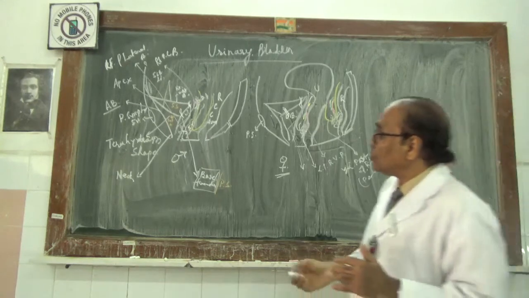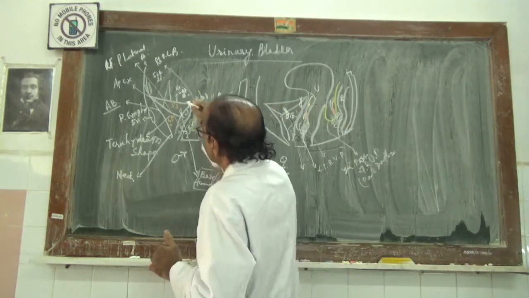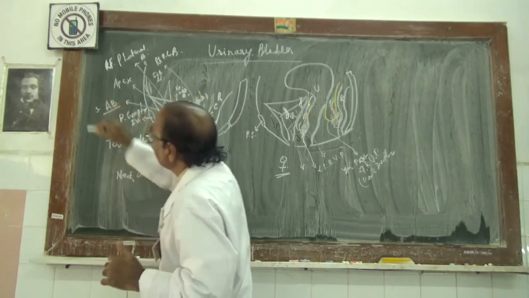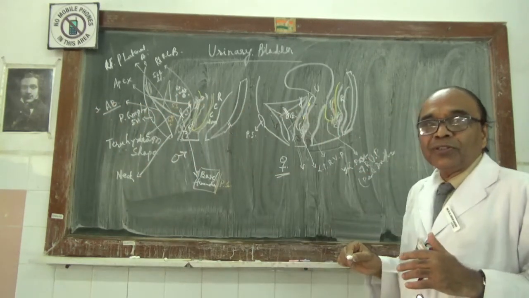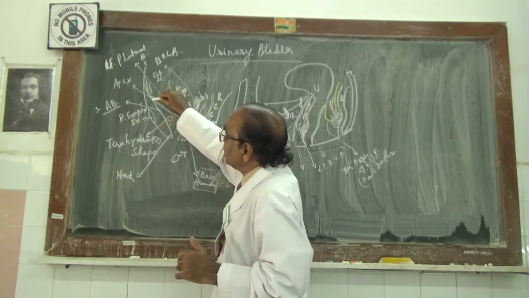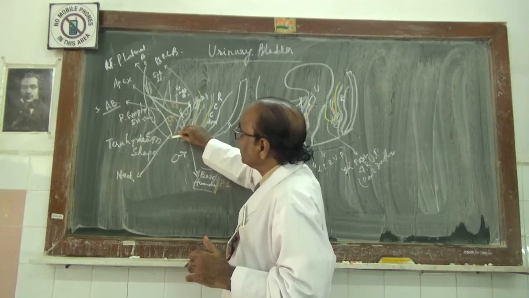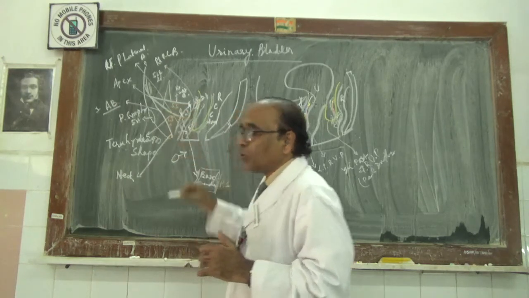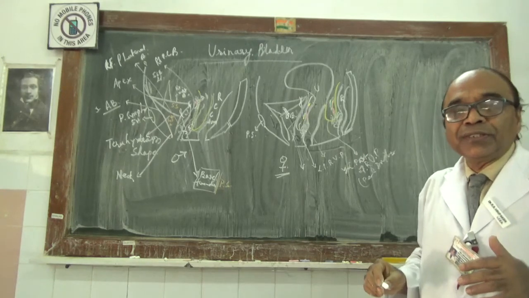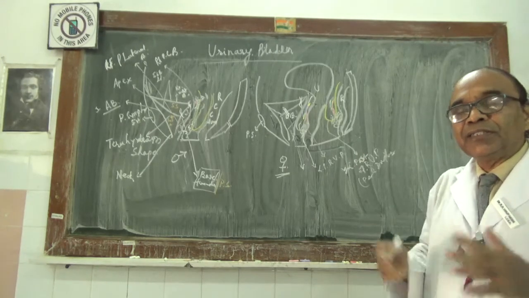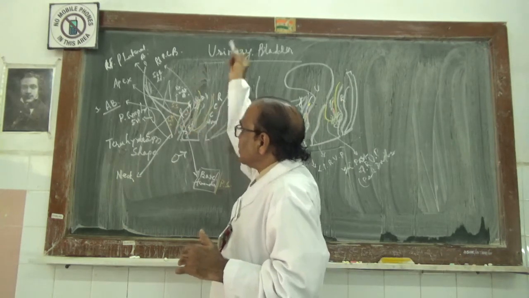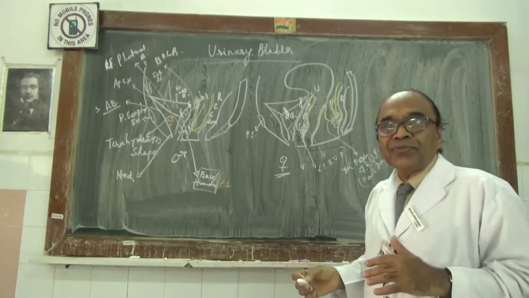Now you have to go to the border. Now this is the anterior border. The anterior border of the urinary bladder, which is directing forwards, is almost merged, when the bladder is filled by urine, from the left infralateral surface to the right infralateral surface.